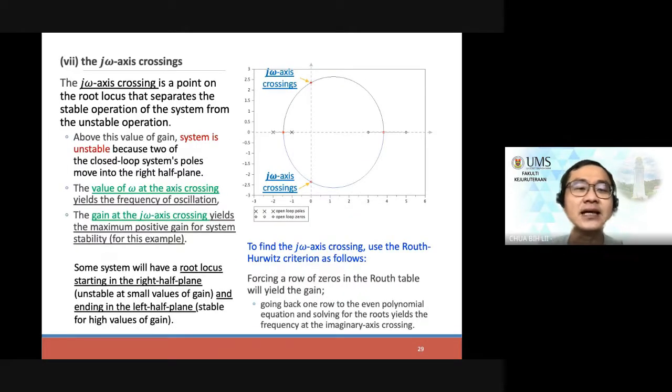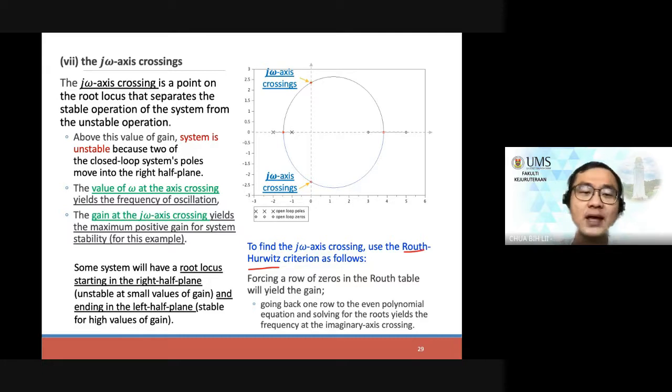The second point, or refinement, that we are interested in would be the imaginary point. For this one we do not have any special technique to get this point. What we rely on would be the Routh-Hurwitz criterion, right? So we just use this one.